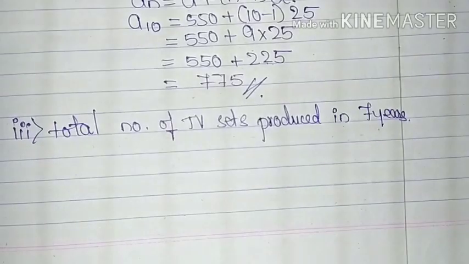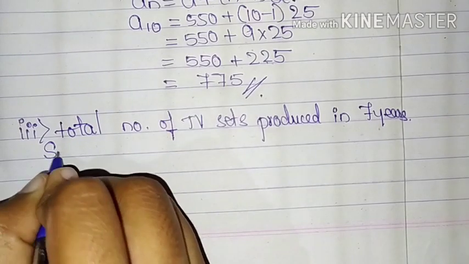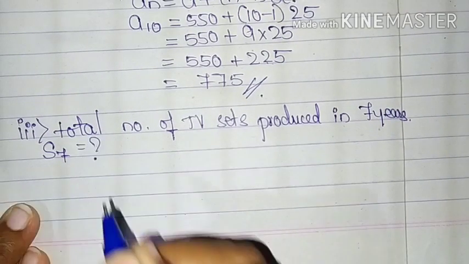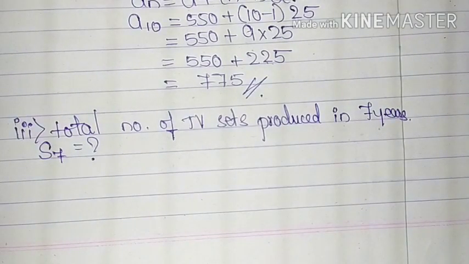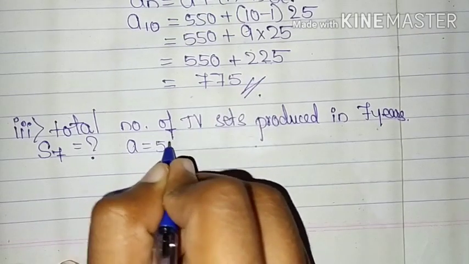Whenever the word total comes into play, it means sum. Whenever you see the word total, automatically know that it means the sum. So here we are supposed to find S7, that is the total number of TV sets produced in the first 7 years. Then to find that, we need A is equal to 550.